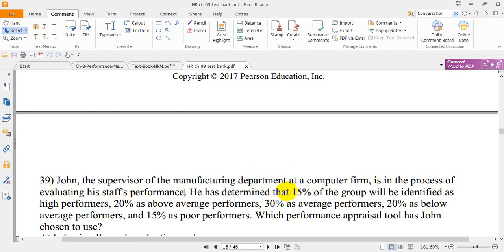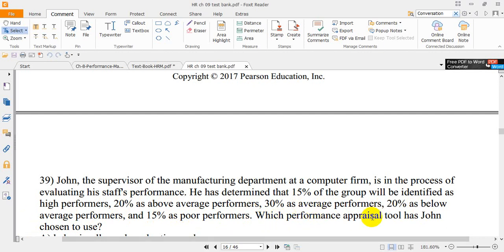He has determined that 10% of the group will be identified as high performers, 20% as above average performers, 30% as average performers, 20% as below average performers, and 20% as poor performers.